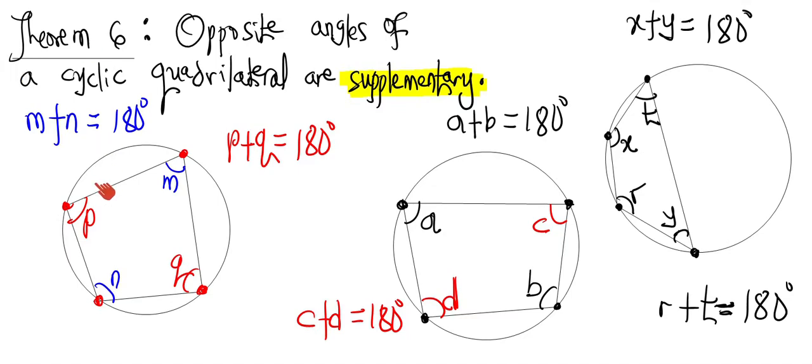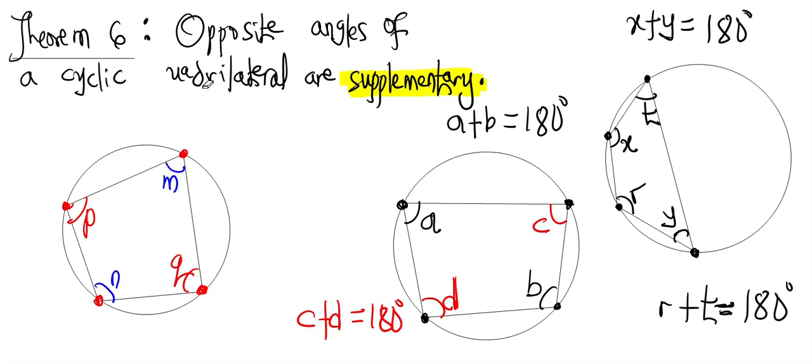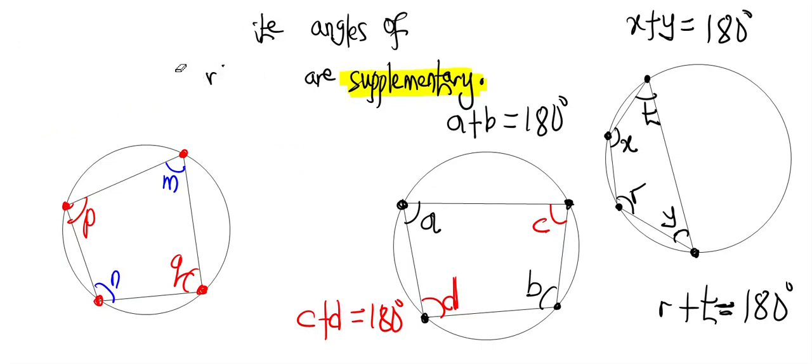If you sum up all the angles inside, it will always be 360, irrespective of whether it's a cyclic quadrilateral or not. So, for instance, we could sum up P and Q to give 180 degrees. Remember that from polygons, the sum of angles inside a quadrilateral will always give 360 degrees, whether it is a cyclic quadrilateral or not.